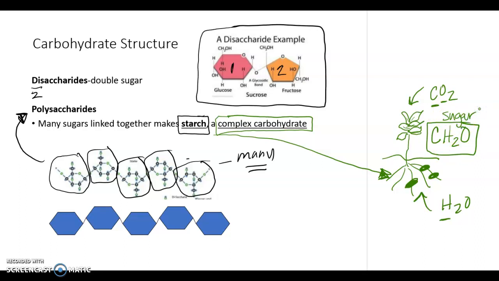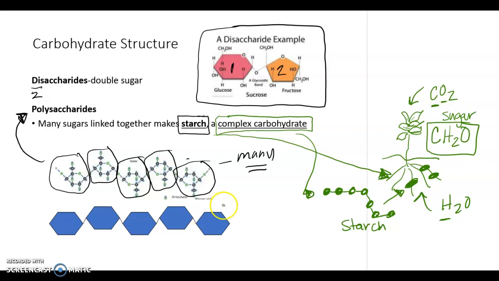Now, rather than storing just a single glucose sugar, it'll make a sugar and bond it to another glucose, to another glucose, to another one, and it'll keep bonding these together, making these super long chains or complex carbohydrates. And that gets stored as starch in the potato. And that's why you eat potatoes, is to get starch. You can break these down a little bit at a time, get energy over a long period of time.